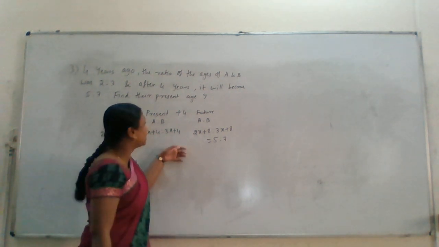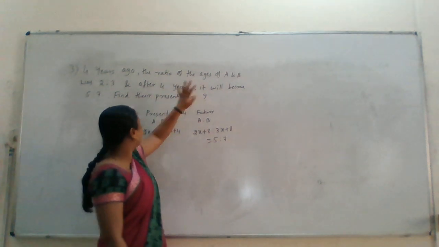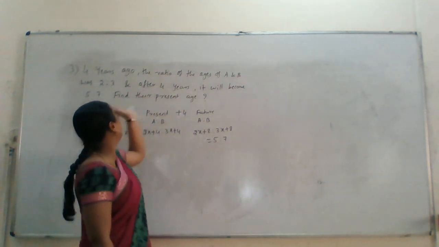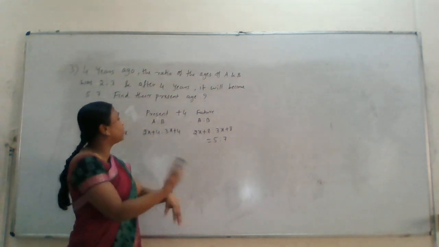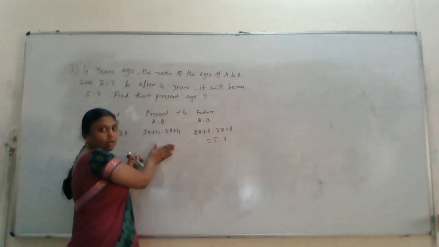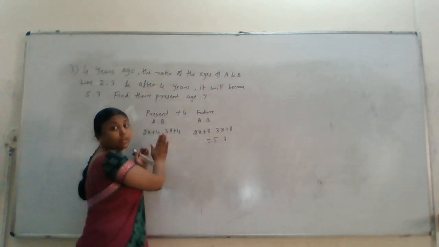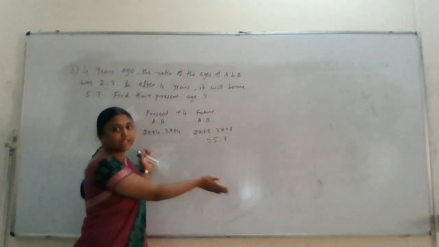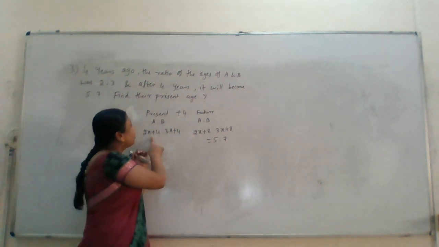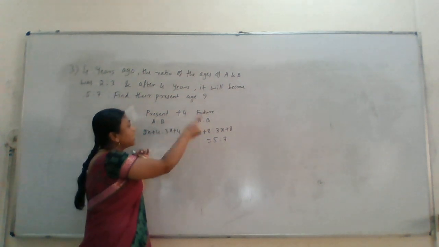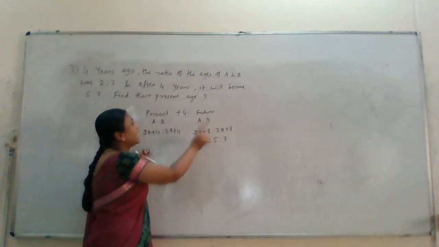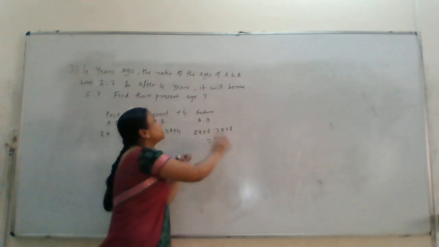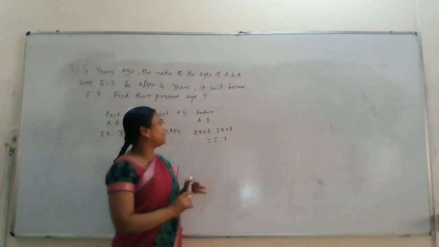Next, the future: after 4 years, again add 4, so 2x plus 8, 3x plus 8, and it will become 5 is to 7. So now find the x value.